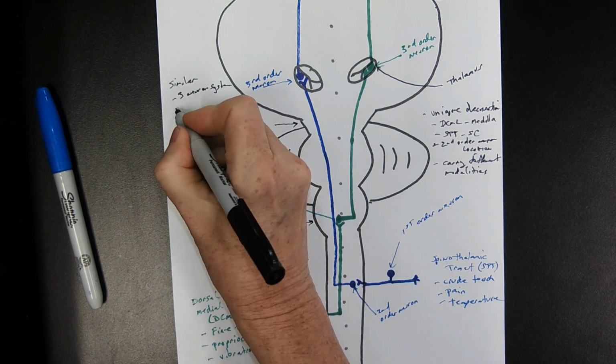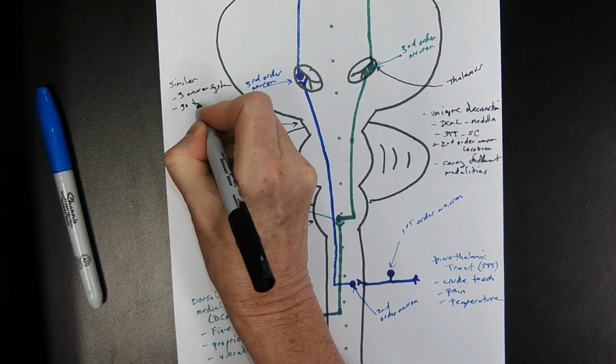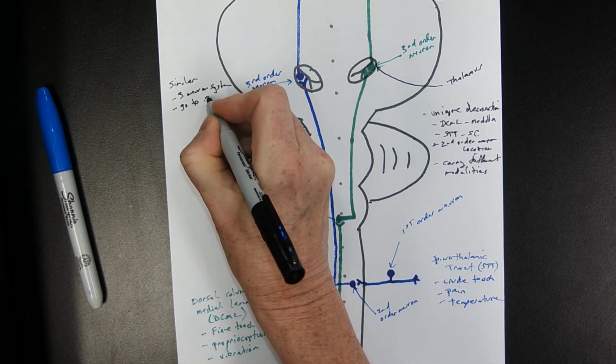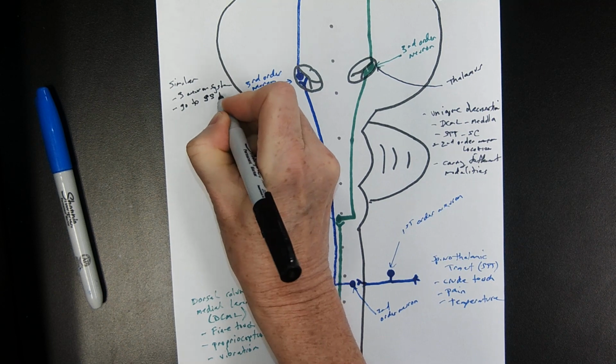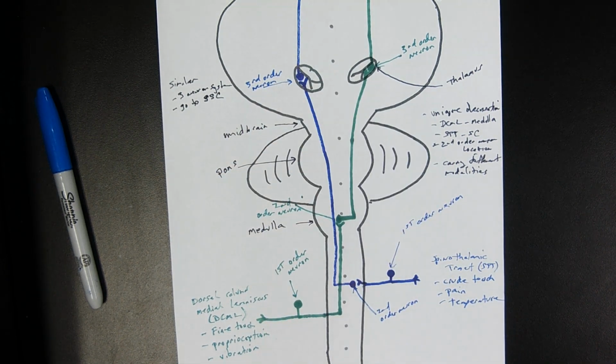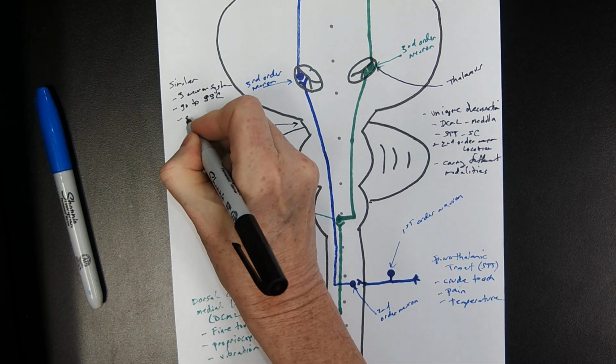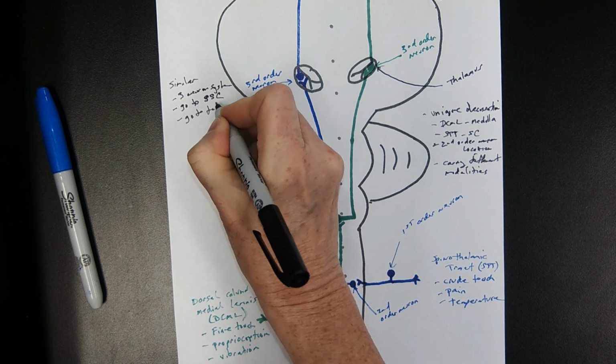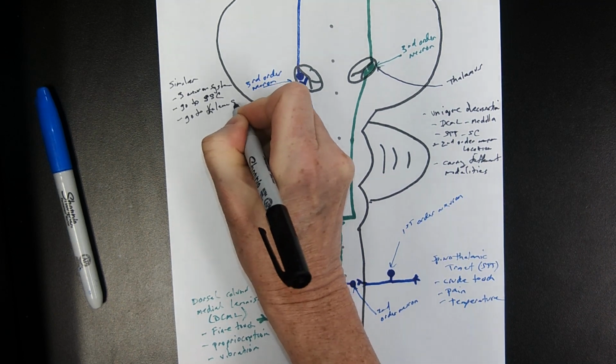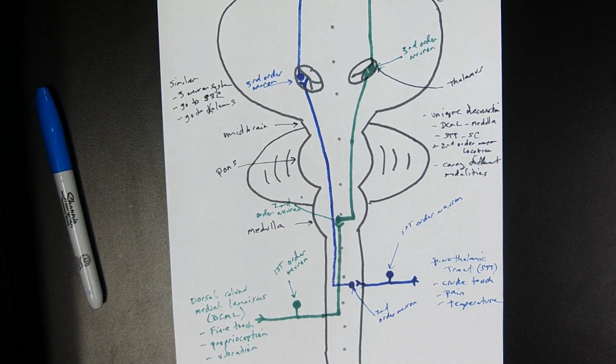Yep, somatosensory cortex. Great. They both go to the somatosensory cortex. Any other place they both go? Thalamus. Yeah, both go to the thalamus. Good.